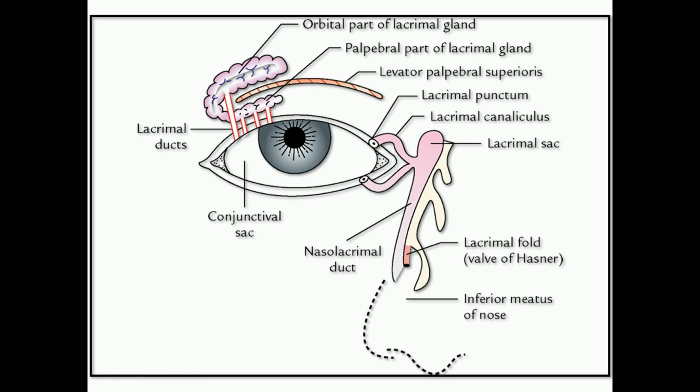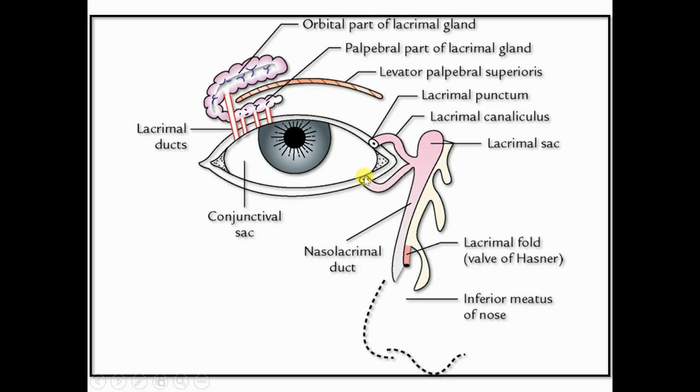There are two lacrimal canaliculi, about 10 to 12 millimeter long: 2 millimeter is the vertical part and 10 millimeter is the horizontal part. From the upper eyelid, the upper canaliculus extends upward, then downward and medially.